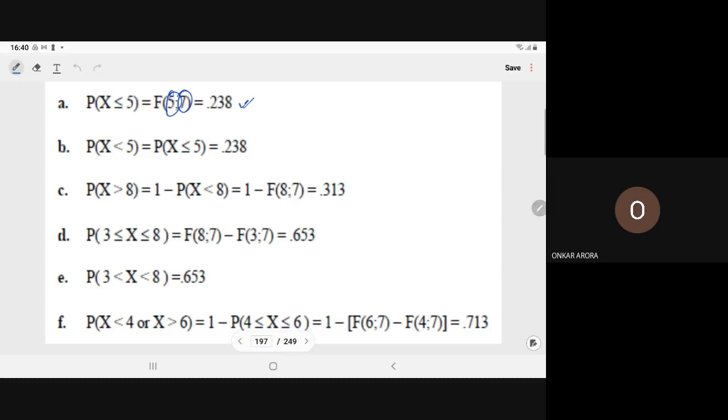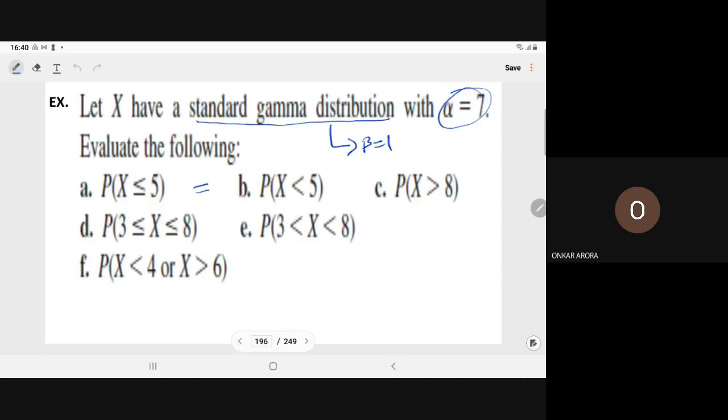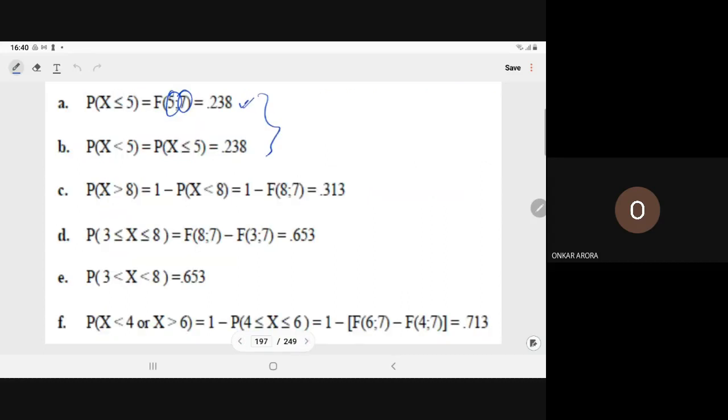The probability X less than 5 is the same as the probability X less than or equal to 5, which we have just computed. Then, the probability X greater than 8 is 1 minus the probability X less than or equal to 8. So it is 1 minus the CDF at 8 for alpha equal to 7. You can see its value from the table, and by algebra you will get the required probability, 0.313.